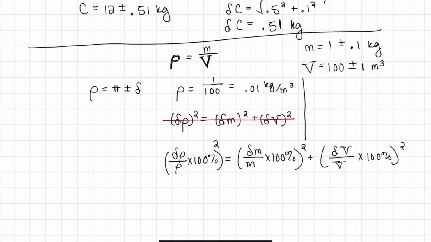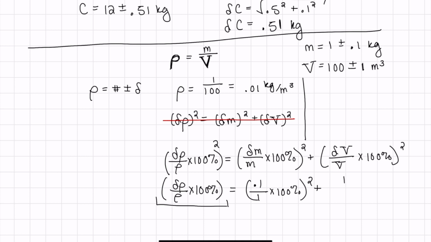And then we can go ahead and plug in the absolute uncertainties and the values for m and v. Ultimately, since what we're solving for is entirely what we have written out on the left-hand side, we can just leave that as it is.